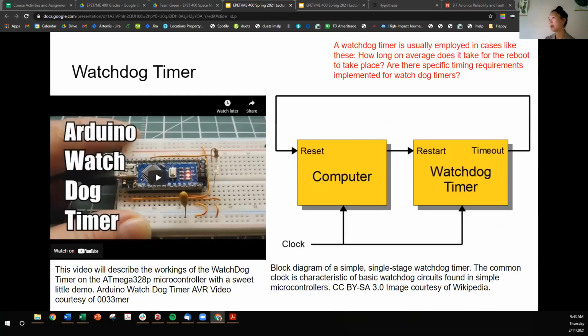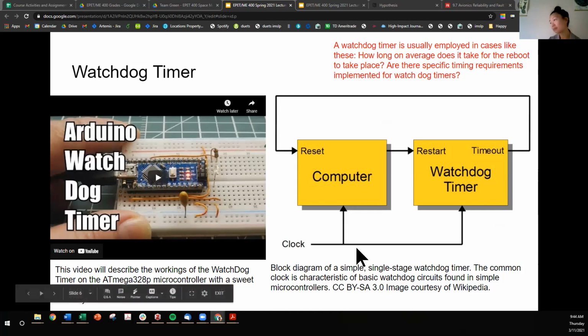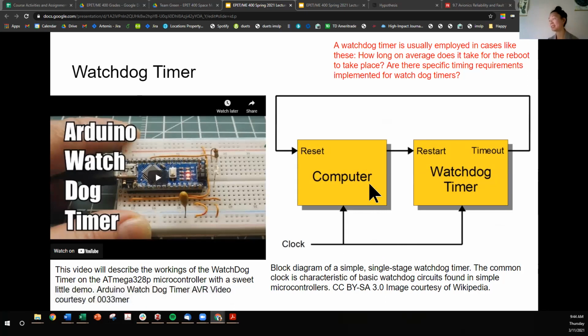Okay, so now we're moving on to the next component called a Watchdog Timer. The Watchdog Timer is connected to a clock, like we just talked about, and it's also connected to a computer. Its job is to be a watchdog, in that it is constantly reading a computer's output, and it's also reading a clock to ensure that the computer is still healthy.